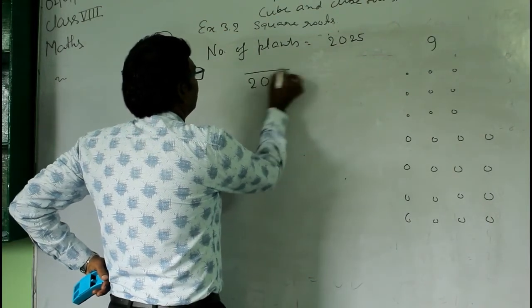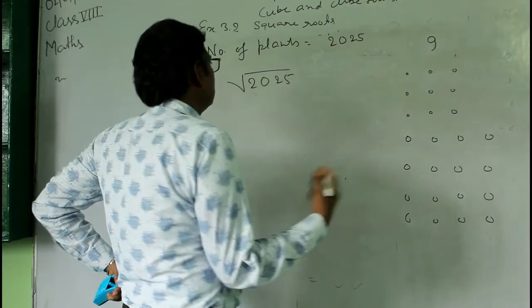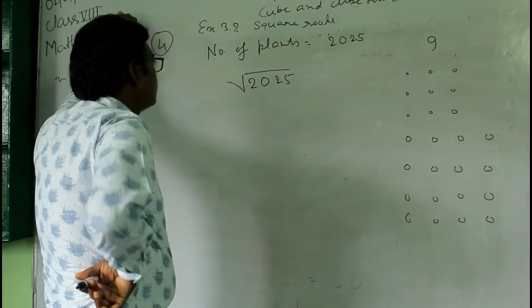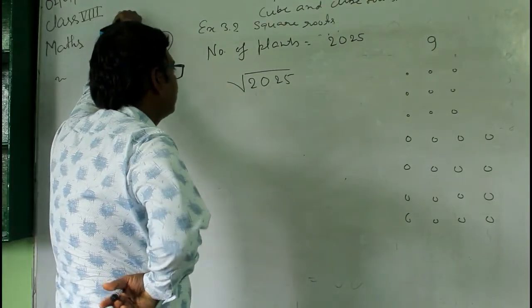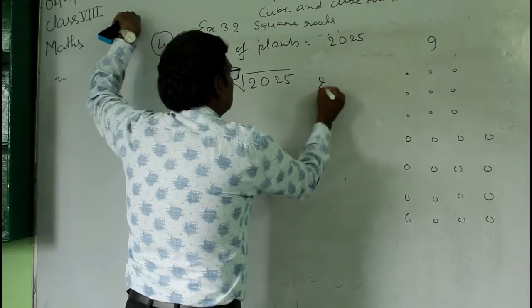2025, and then what is the square root of this number? Then you can find the square root of this number by using the prime factorization method. So find the prime factors of this.